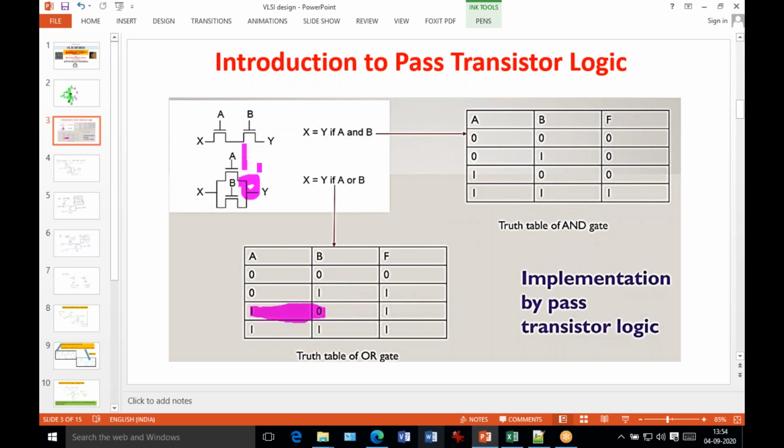If A is 1, this transistor is on, but this is off. So this path is available, because the upper transistor is on. That means your input is connected to the output. So again, you get the high logic at the output node.